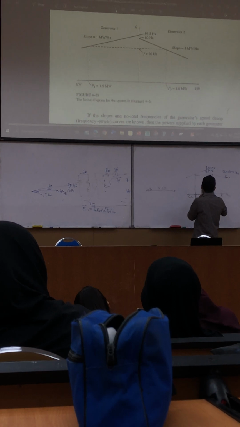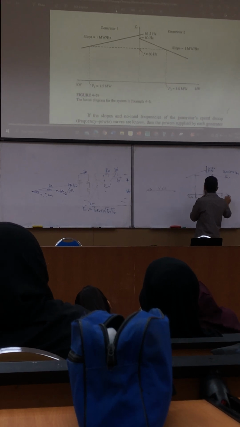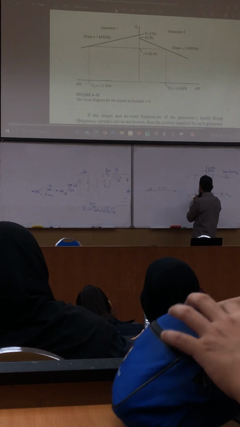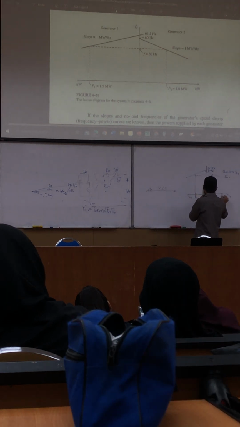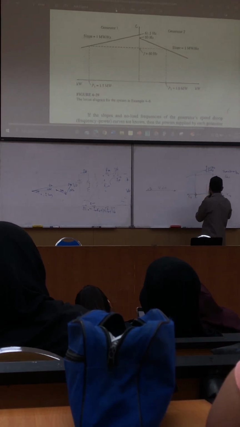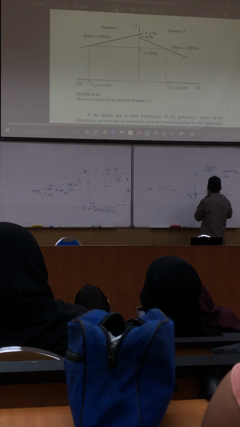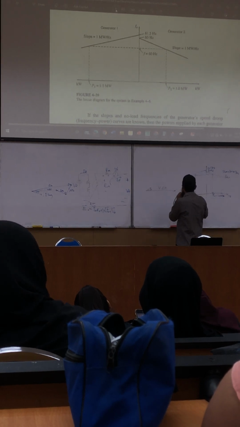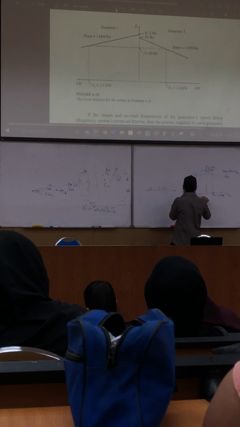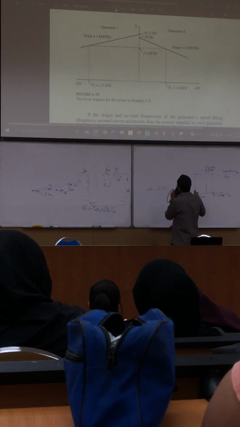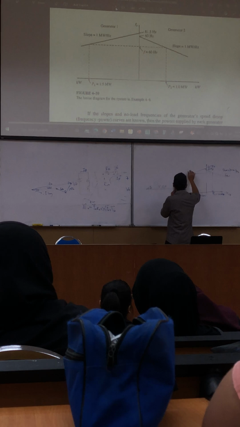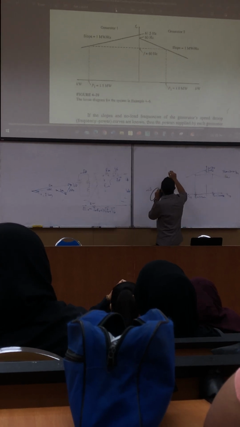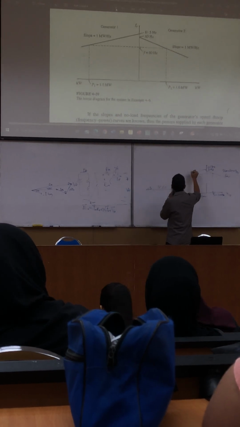So here is P2, here is P1. P2, 1.0 megawatt. P1, 1.5 megawatt. Slope 1 megawatt per Hertz.